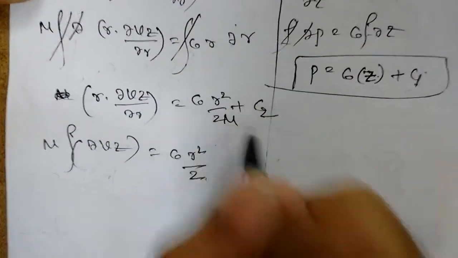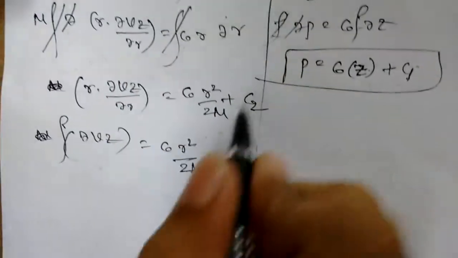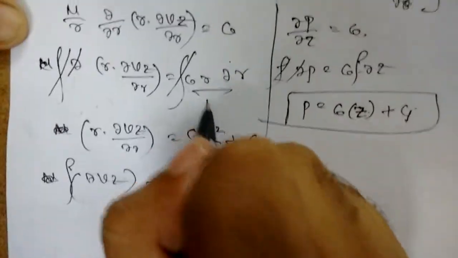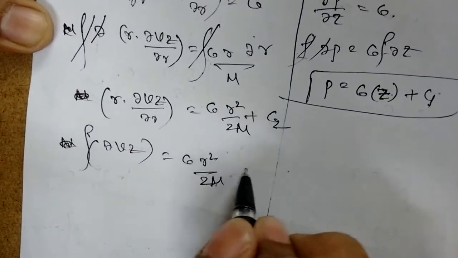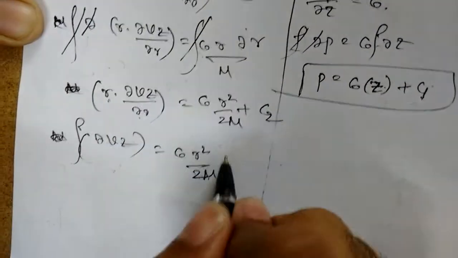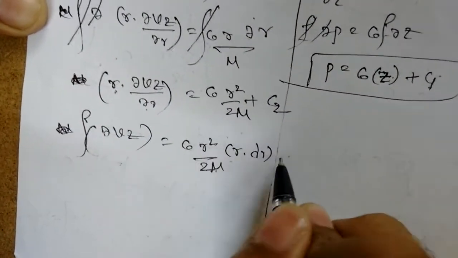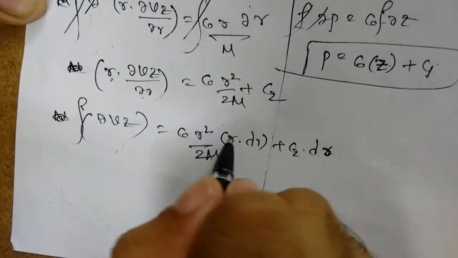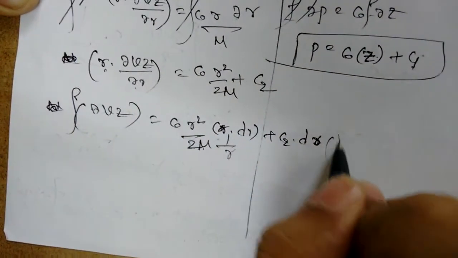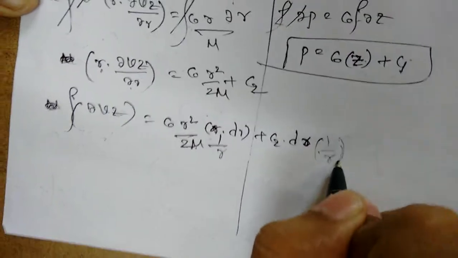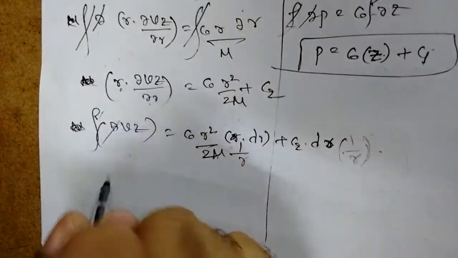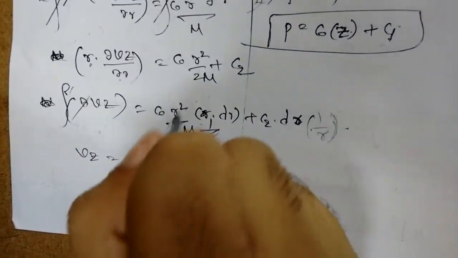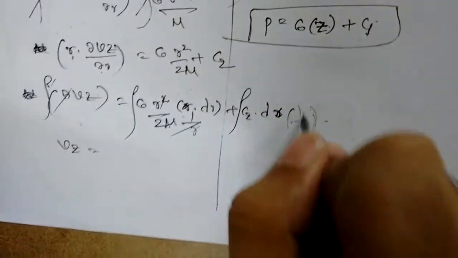We will take the mu here, in this step itself. So here itself you will do mu here. And again this r and dr will go here, r and dr plus C2 into dr. So the integration will be cancelled and Vz equal to, so r will be cancelled, and here also integration.